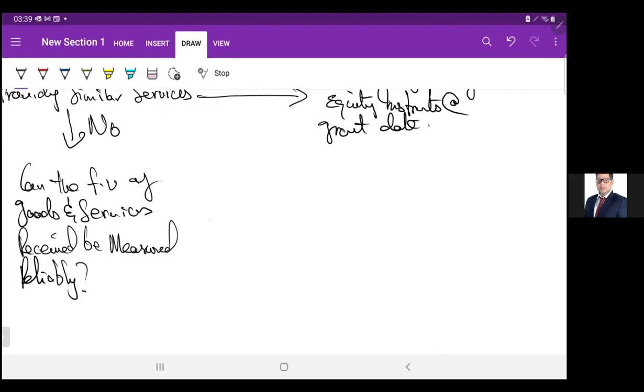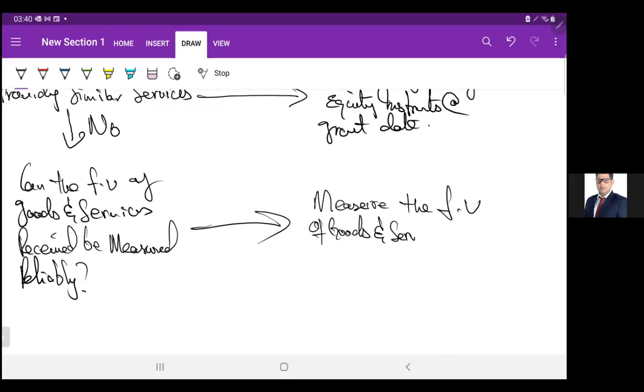If the answer is yes, measure the fair value of goods and services received at the date they received.